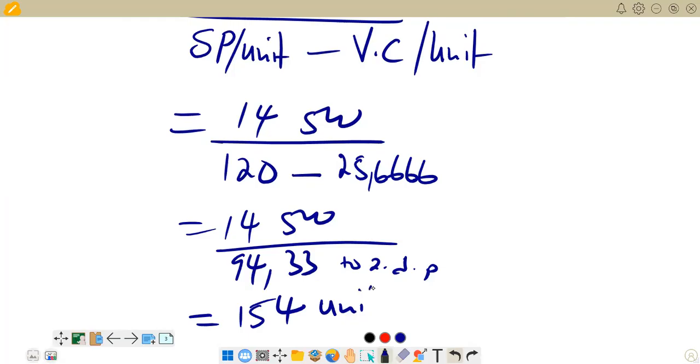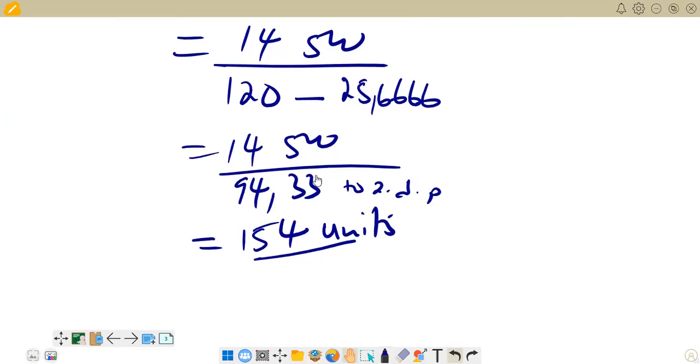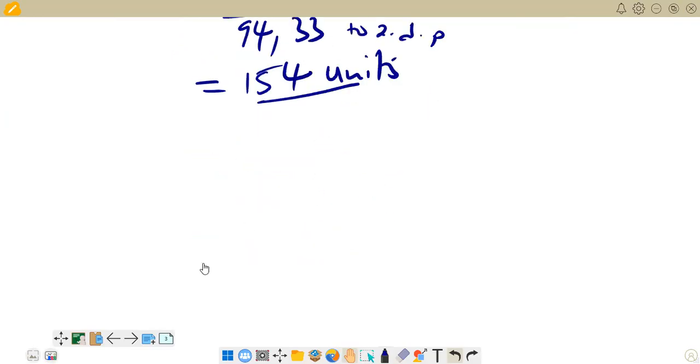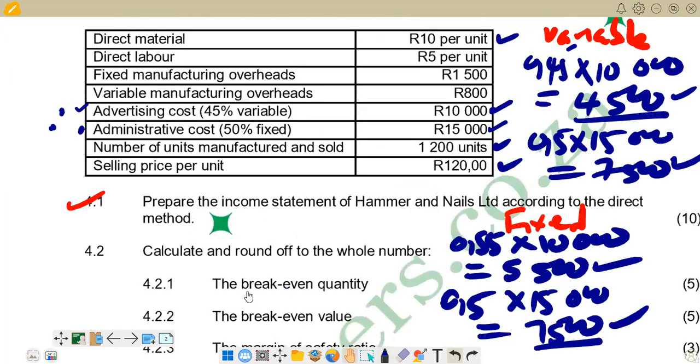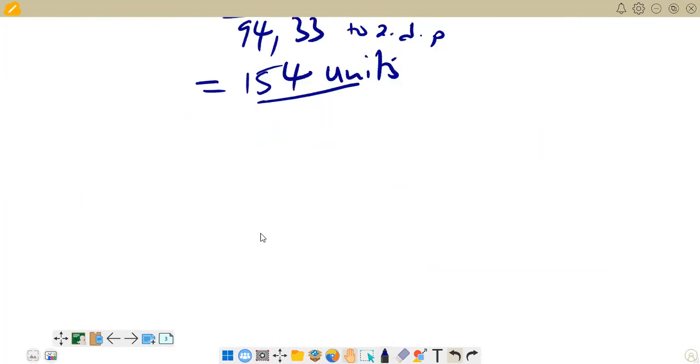So this is the break-even quantity. The quantity we have there is 154 units. So we go to check the next question. On the next question now, 4.2.2, it requires us to calculate the break-even value now.